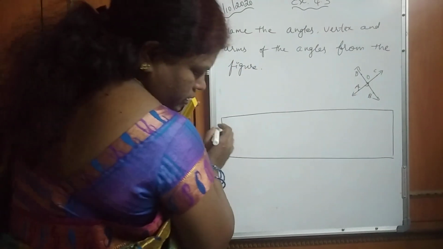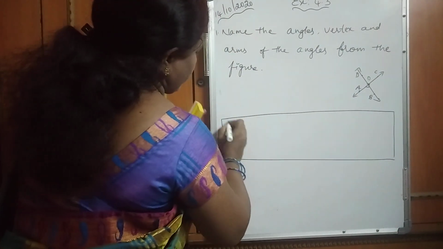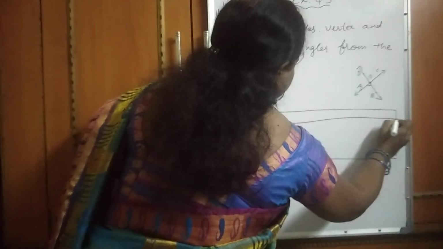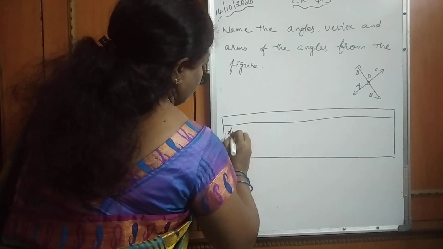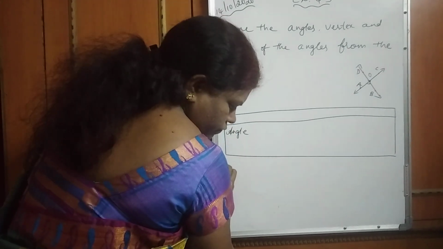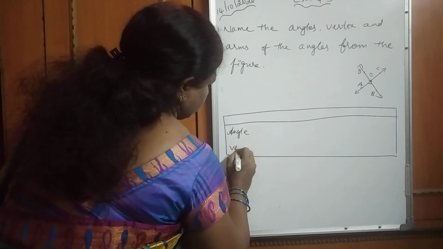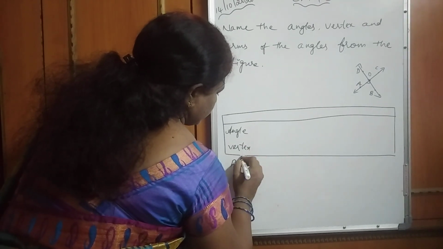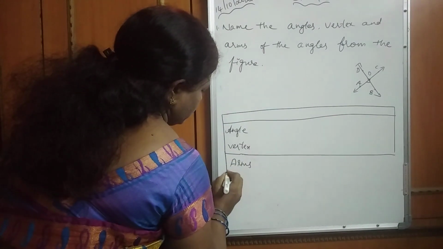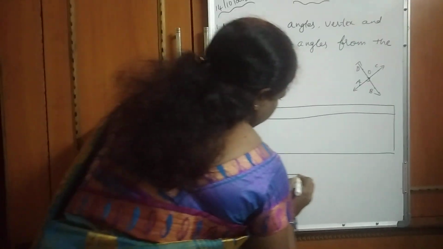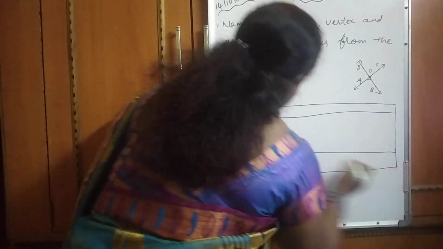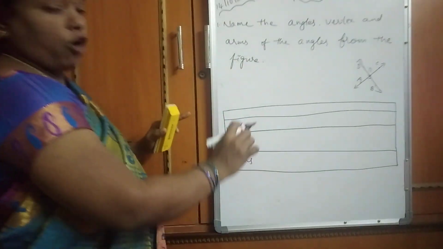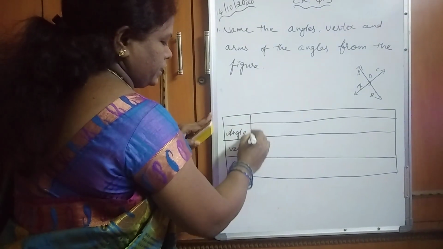Here angle, vertex and arms. We need to write these 3 for the formed angles. What are the angles formed? What is the vertex for the given angle, and how many angles are formed? That also we need to write.